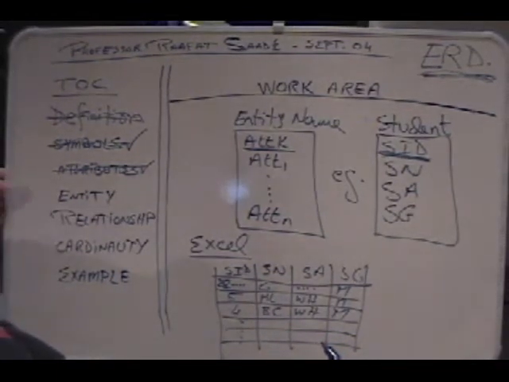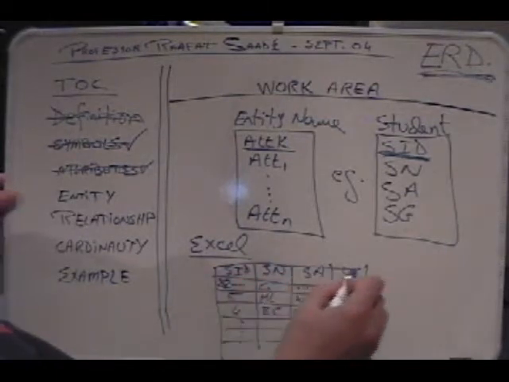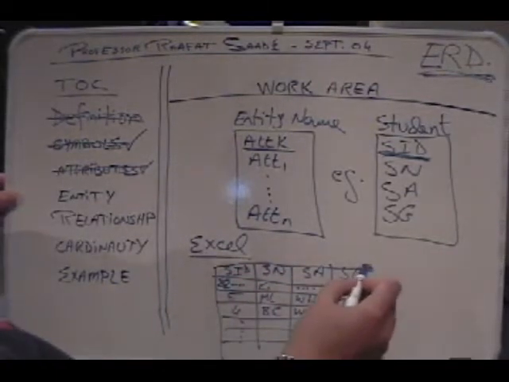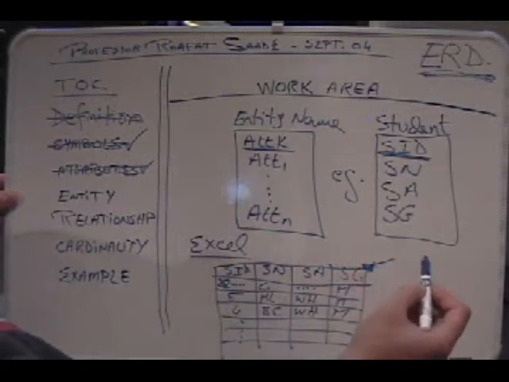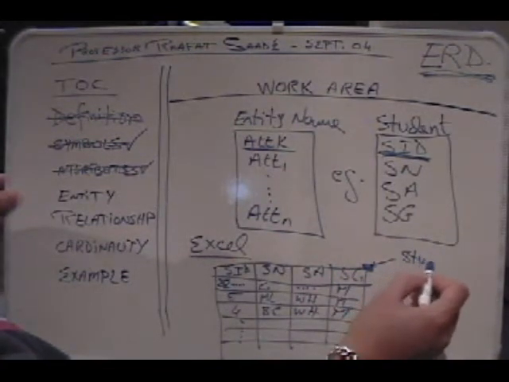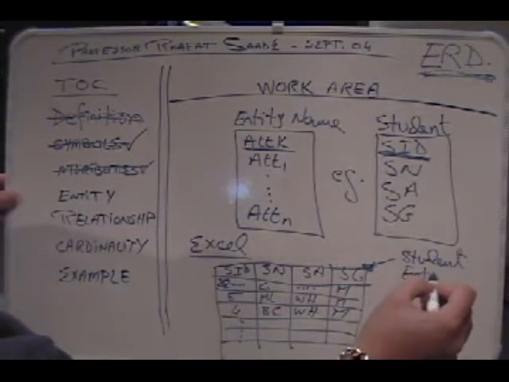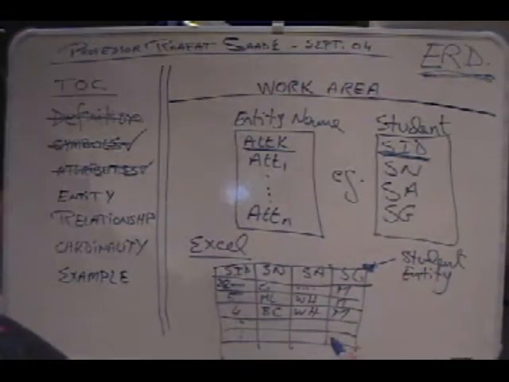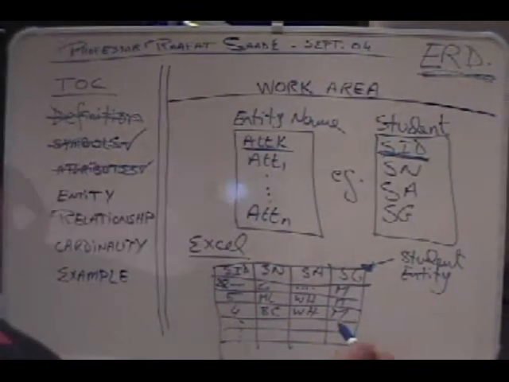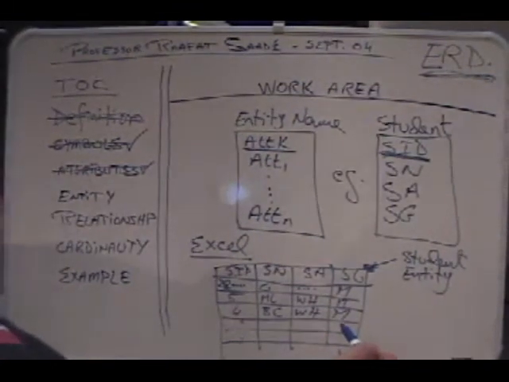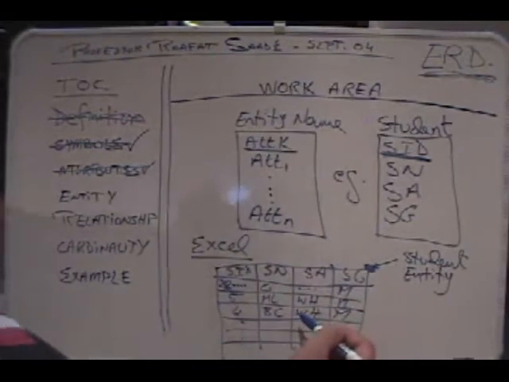Two things you have to understand: this table is what we call, in ERD terminology, the student entity. To be more specific, it is not the table with all the information in it.